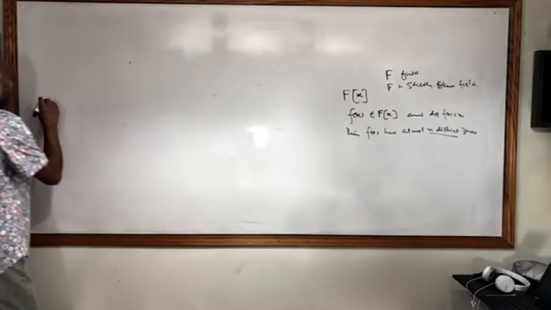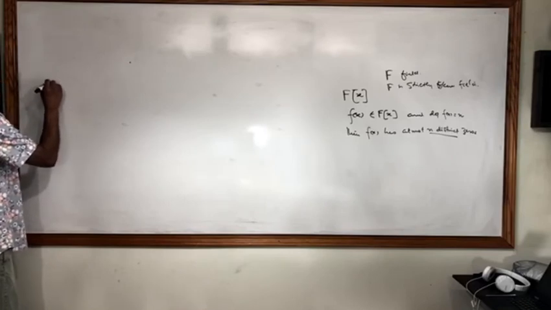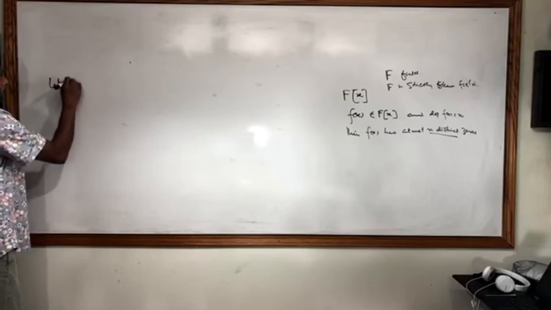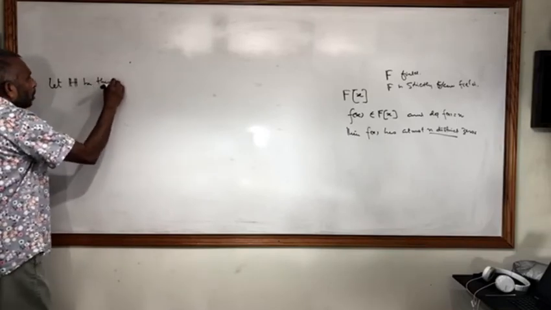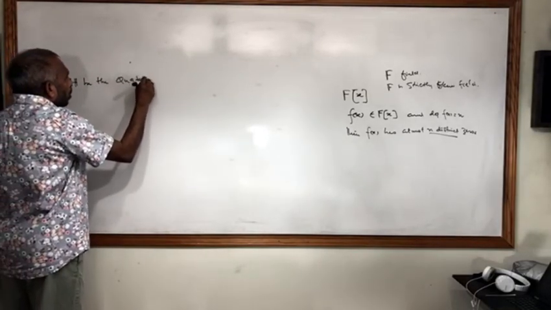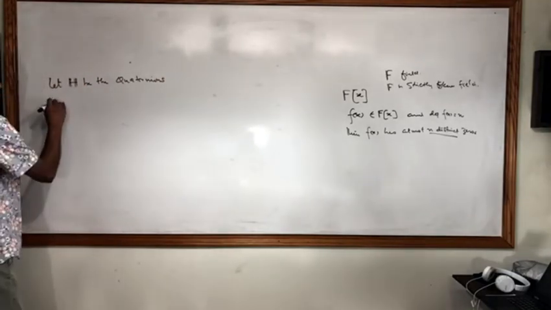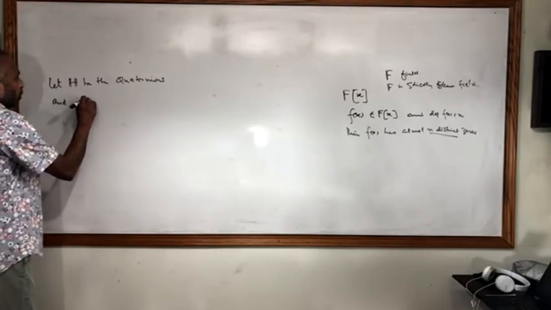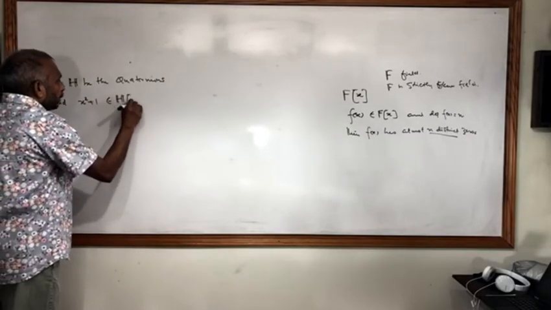So let us see. Let H be the quaternions and x square plus 1 belongs to H[x].